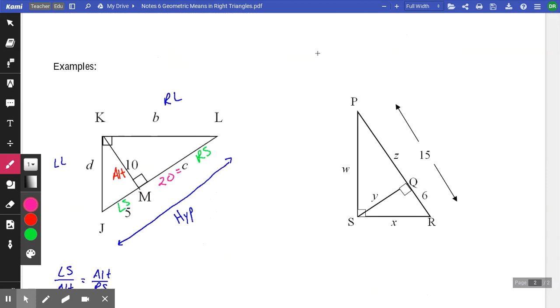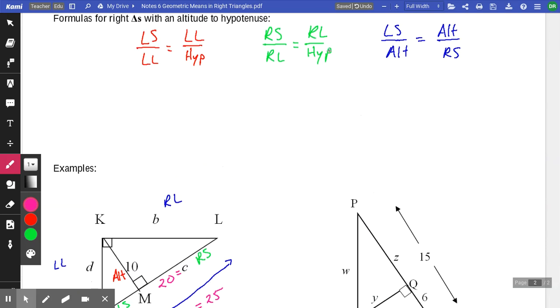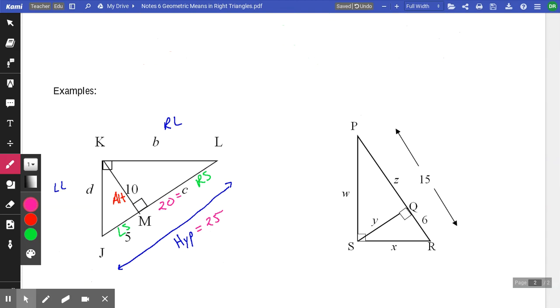But we do know the hypotenuse now would be the entire length from J to L, which is 5 plus 20. And so here we could say the hypotenuse is 25. So even though we weren't told the hypotenuse in the beginning, we do actually know its value now that we've found C.